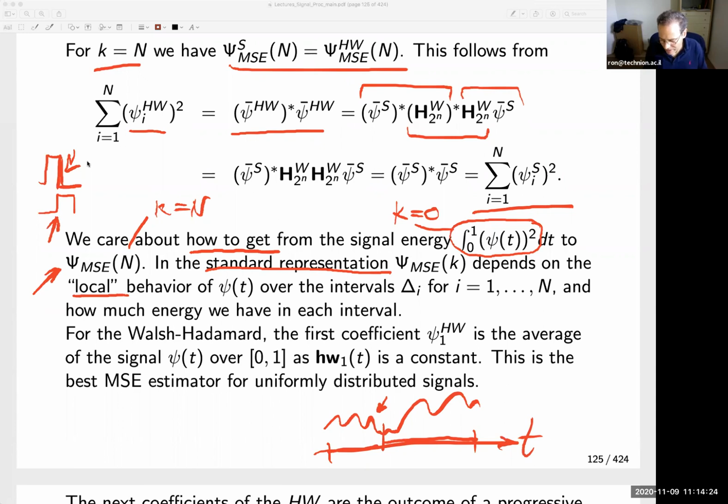While for the Walsh-Hadamard, the first coefficient, just the first one, would be the average of the signal over this interval, because the first Walsh-Hadamard function is a constant. And this is the best MSE estimator for uniformly distributed signals. So something good is happening here. We have been able to somehow cheat the system, in the sense that with a single function, we have been able to do the best possible, okay? And now, how do we continue from here?